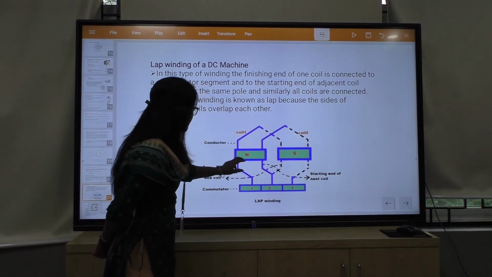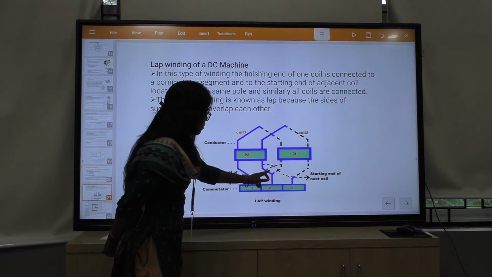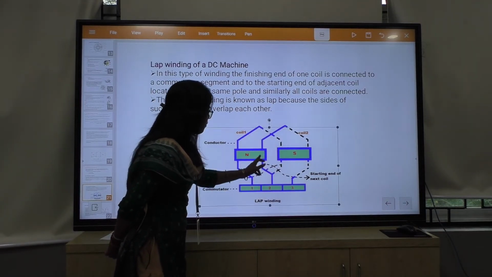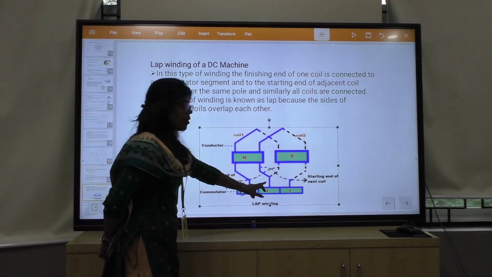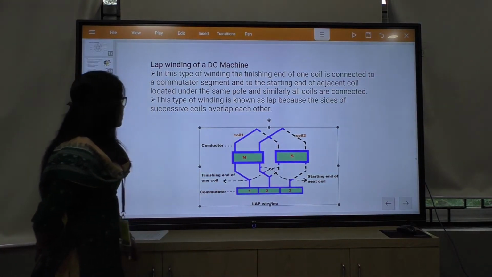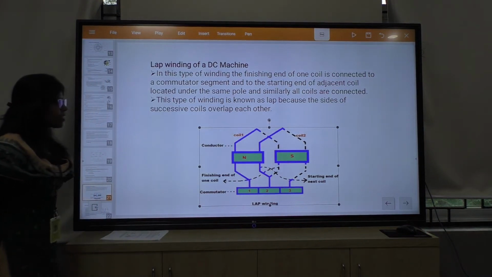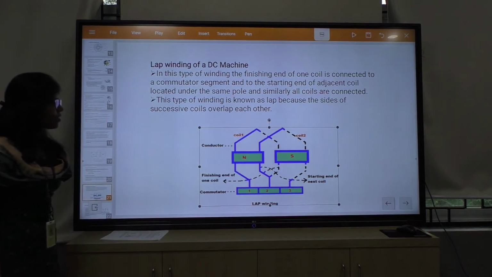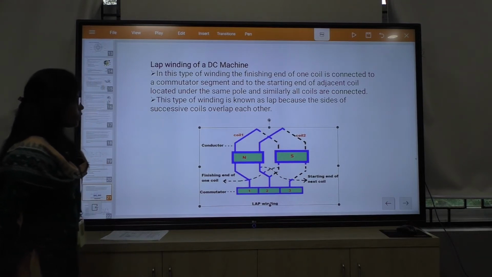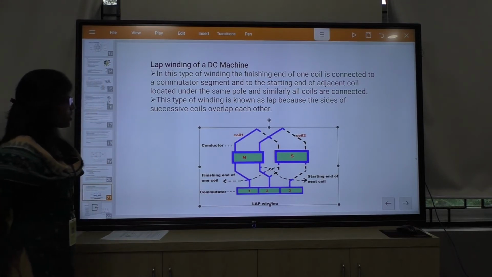This winding is known as lap winding because the sides of the coils overlap each other.